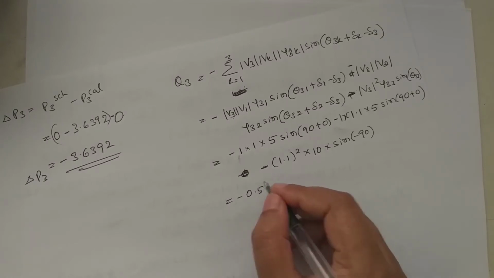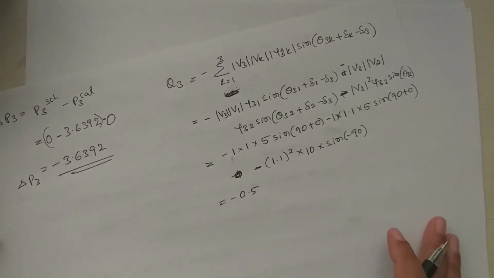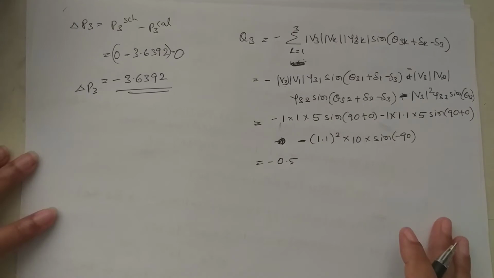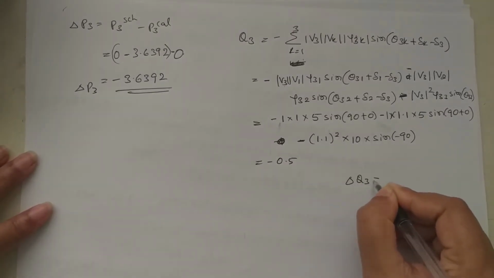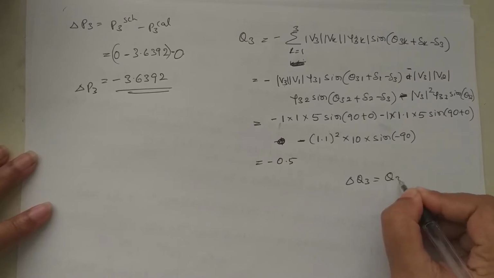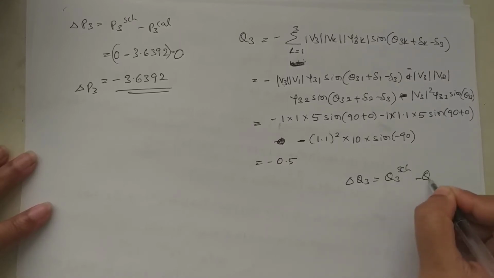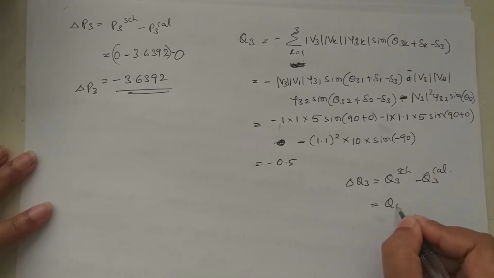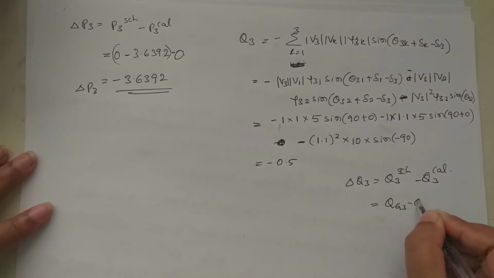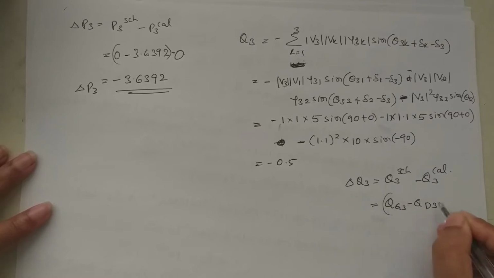Minus 0.5. Similar to P2 and P3, delta Q3 can be calculated. Delta Q3 is equal to Q3 scheduled minus Q3 calculated. Q3 scheduled is equal to QG3 minus QD3.